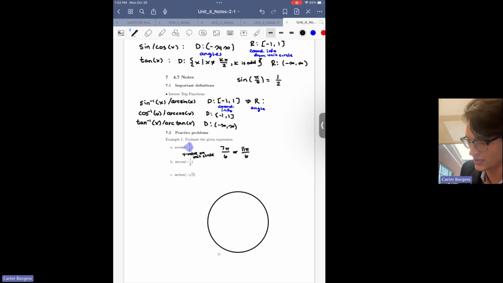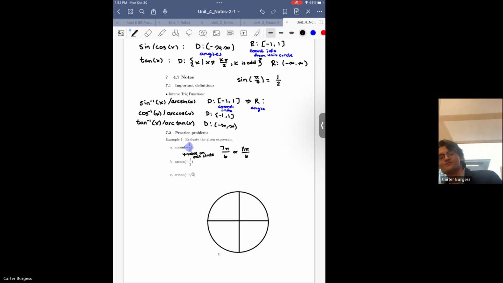Okay, so we have our unit circle. We'll divide it into the quadrants, like so. And I want to think about a section of my unit circle where I see every single y value and I see it exactly once.